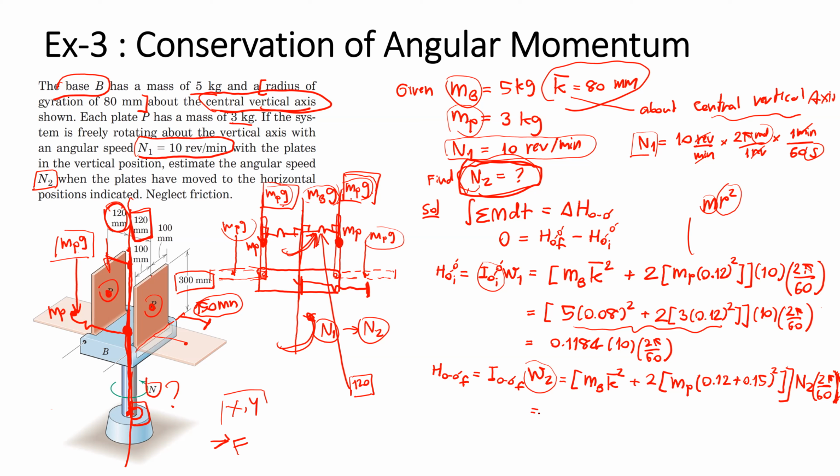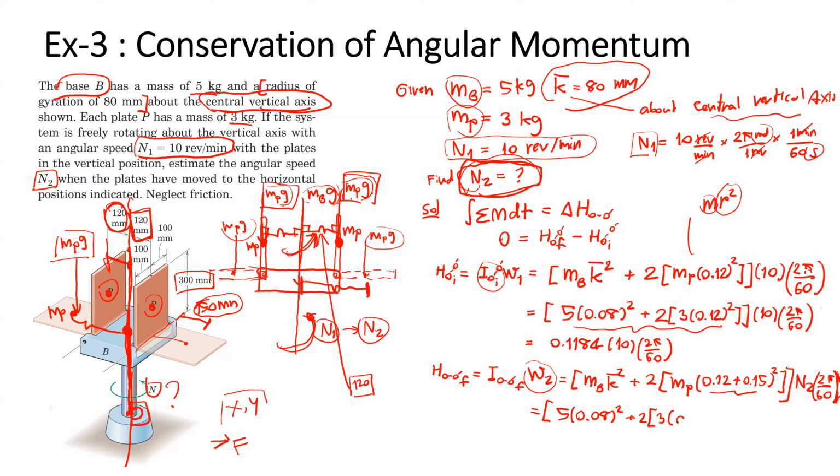And the numerical value here: mass of the base 5, radius of gyration 0.08 square, 2 of mass of the plate 3, and the final distance here will be 0.27 square, and N2 is unknown, and the conversion factor.